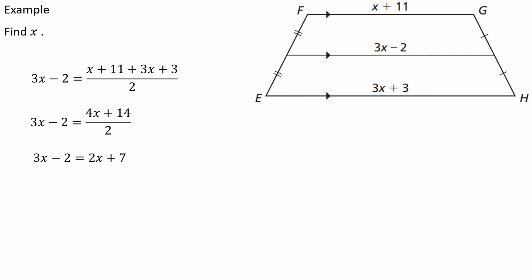So 4x divided by 2 is 2x. 14 divided by 2 is 7. I can subtract 2x from each side. I can add 2 to each side. And I now know that x is 9. Since the directions just asked me to find x, I can actually stop now. If the directions wanted me to find one of the lengths, then I'd have to keep going.